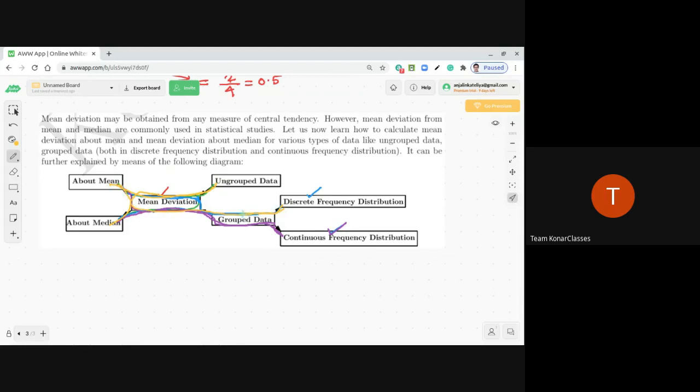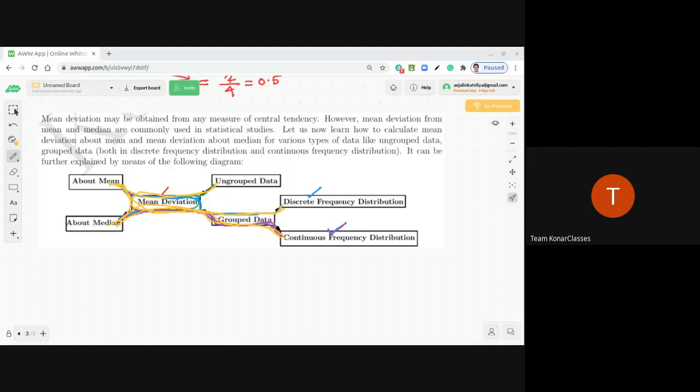Discrete frequency distribution, mean deviation about median. Then continuous frequency distribution, mean deviation about mean. Then continuous frequency distribution, mean deviation about median. So these are the different ways we are going to find the mean deviation. I hope it is clear, dear students.